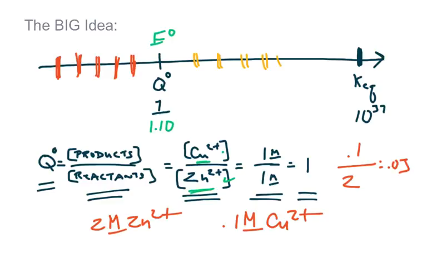So 0.05, I'm over here somewhere, less than 1, so therefore I'm farther from equilibrium. I'm going to have a voltage that's greater than 1.10 volts. Now, if I actually want to calculate that, then I would use the Nernst equation.